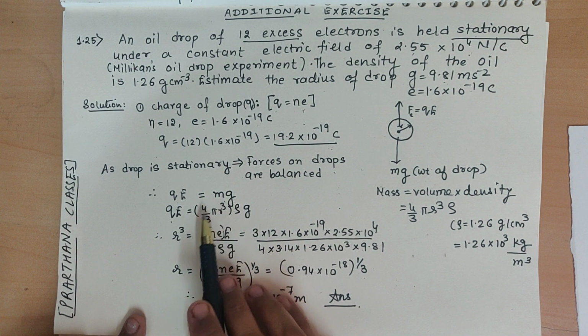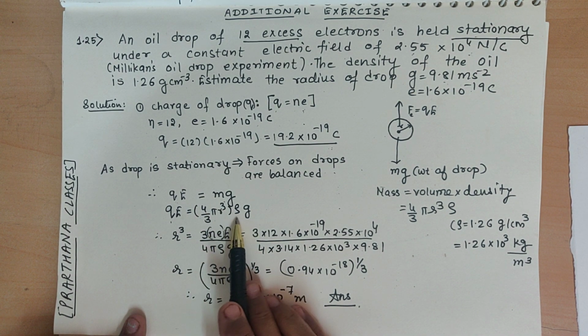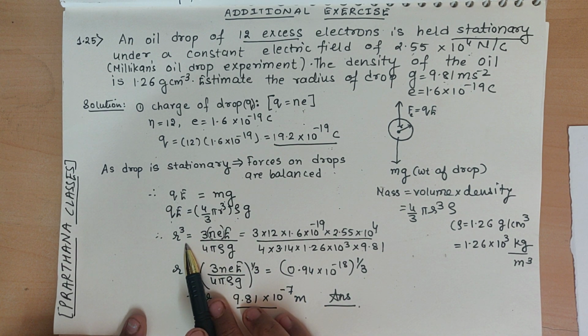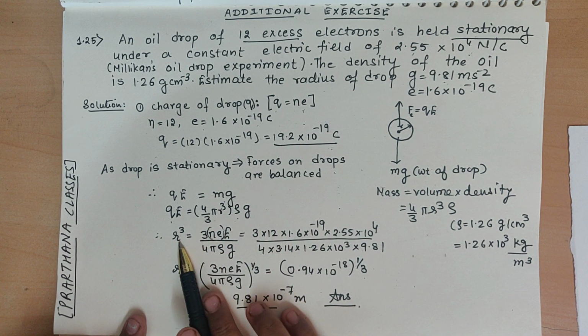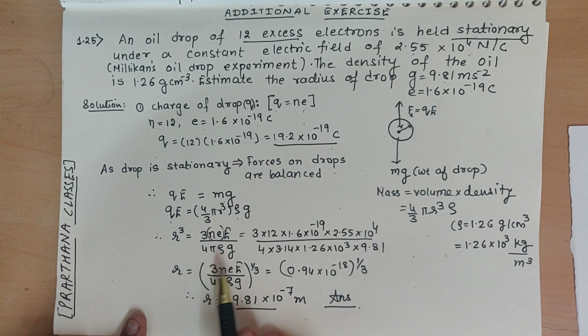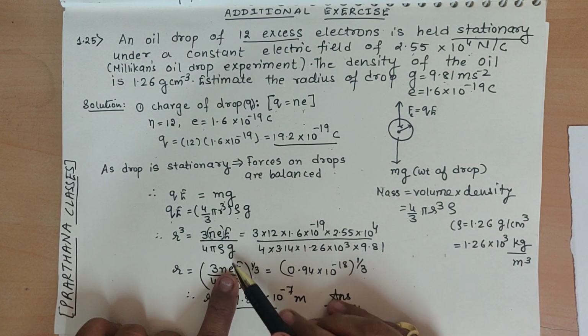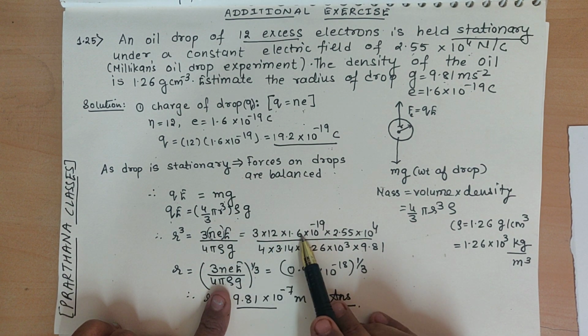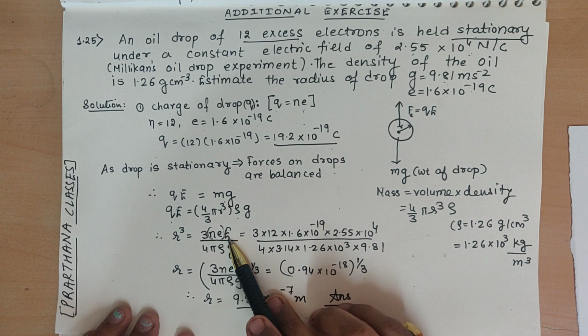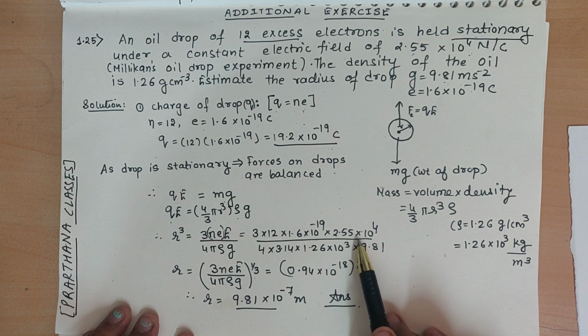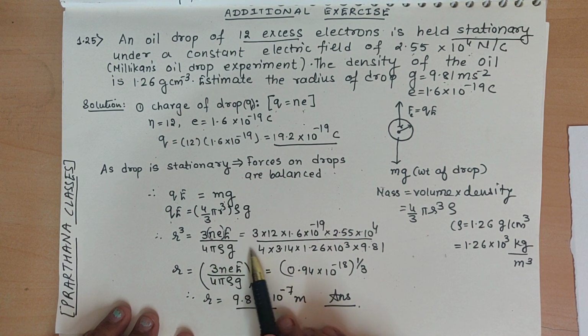qE is equal to mg. Mass is replaced as volume into density. So we have all the values with us. Find r cube as the subject of the formula. To get the cube root, we get the value of r. Now see, 3 is given to us. We know that n is 12. e is 1.6 × 10⁻¹⁹. Capital E, that is electric field, is 2.55 × 10⁴. 4 is there.